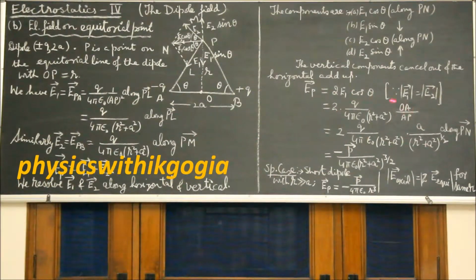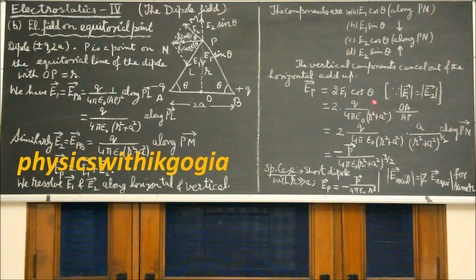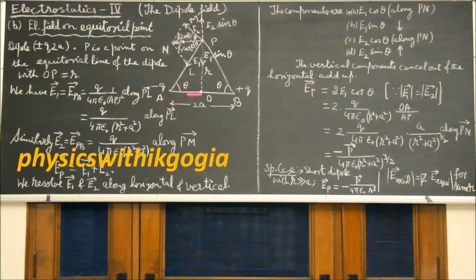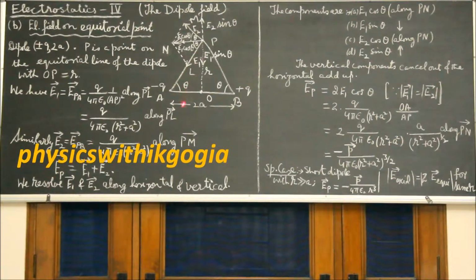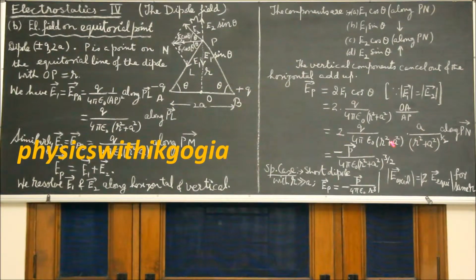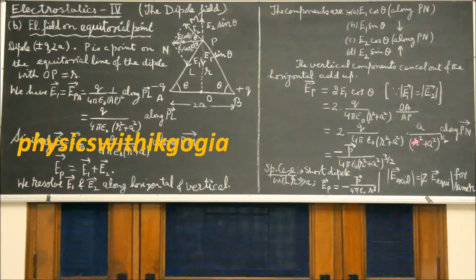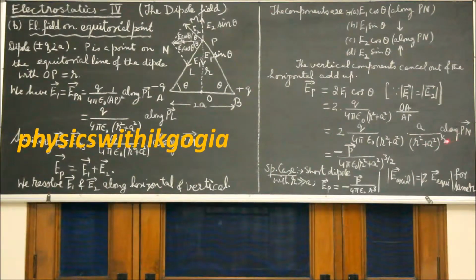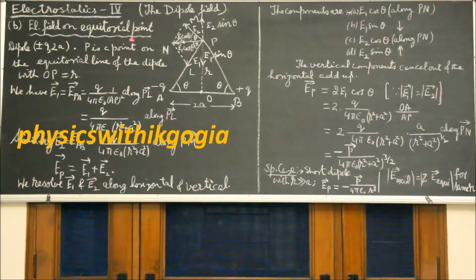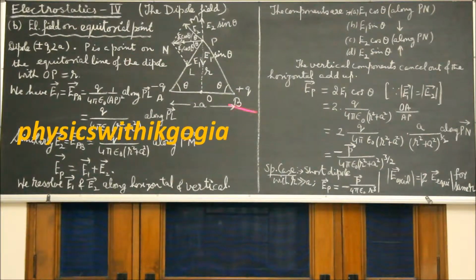Substituting for E1, you get this expression, and cos theta from the diagram is OA over AP, that is, a over the square root of r square plus a square, along PN. This is the direction of the net field.